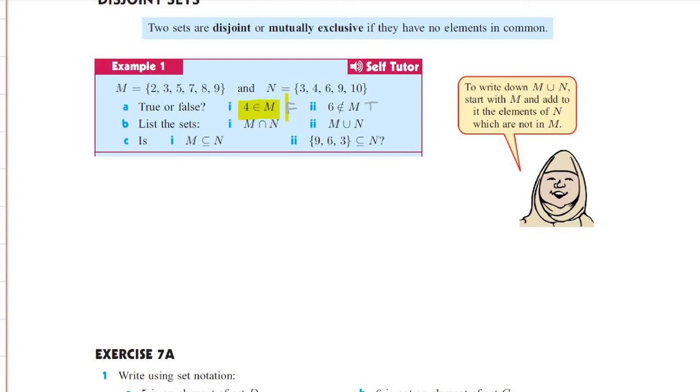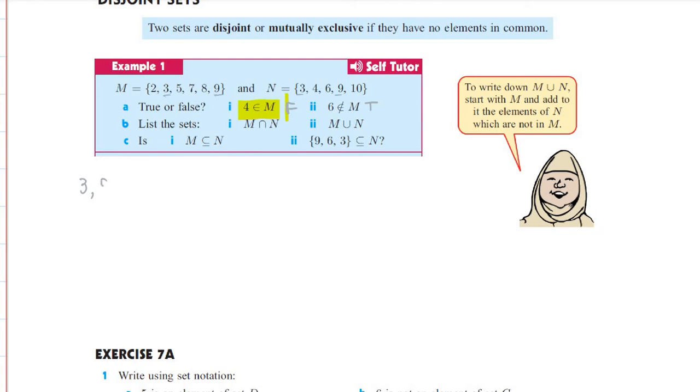Then they ask us to list the set. So M intersection N, intersection is where they have things in common. So the numbers that they have in common are 3 and 9.